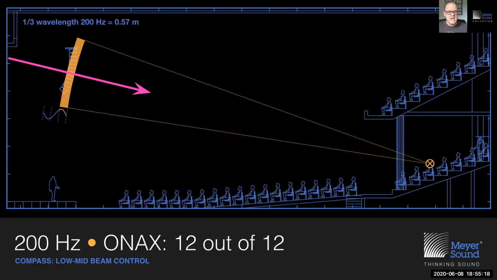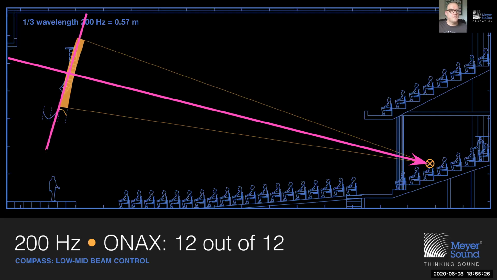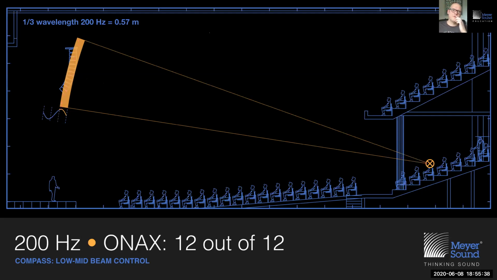Remember, this beam, this concentrated energy, always runs perpendicular to the array in its entirety. So if we do our cross once more, perpendicular 90-degree angle, you see that that's where you get the bulk of your energy, because at 200 hertz, that is where 12 out of 12 speakers are coupled. Sure, if you live over there.